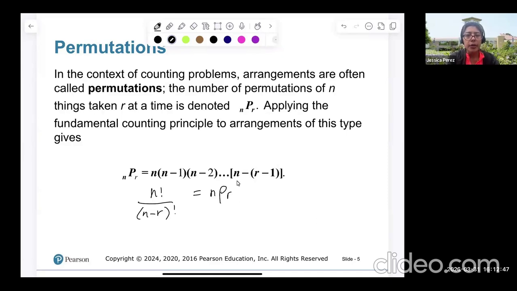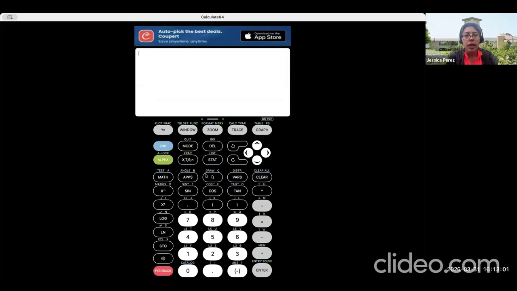If I'm going to go ahead and share that with you, let me open up my calculator, which is a TI-84. And then you'll be able to see how to use a permutation. So you're going to say math and then prob. And then you see the second one, it says nPr like that.